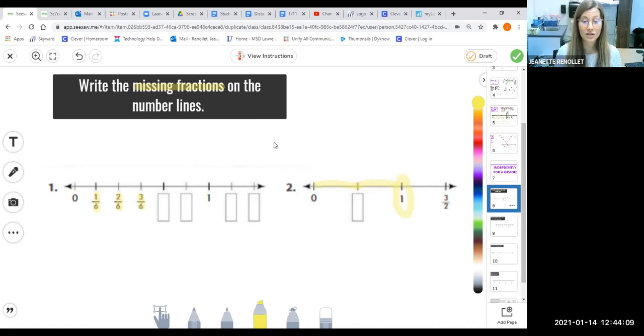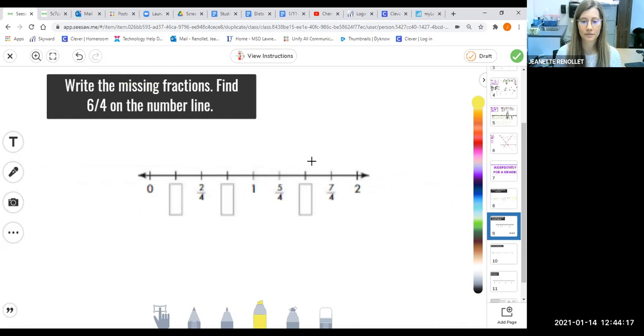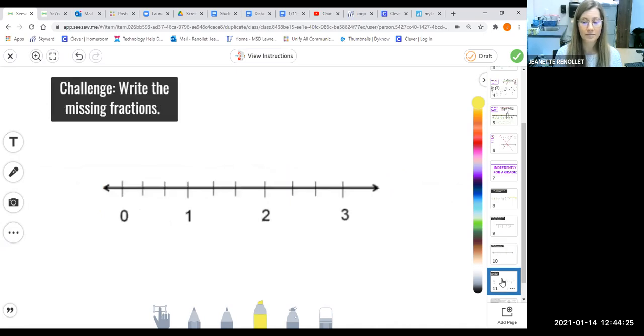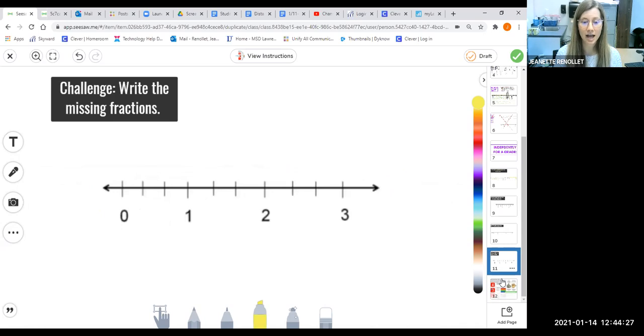Both ideas are strategies to help you. You need to write the missing fractions on 8, 9, 10, and 11.